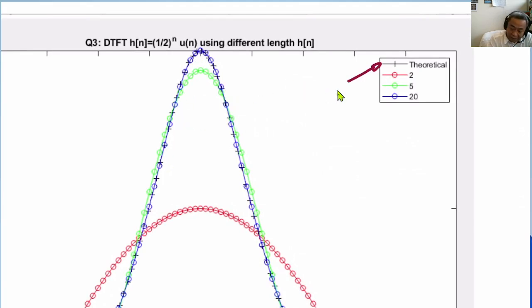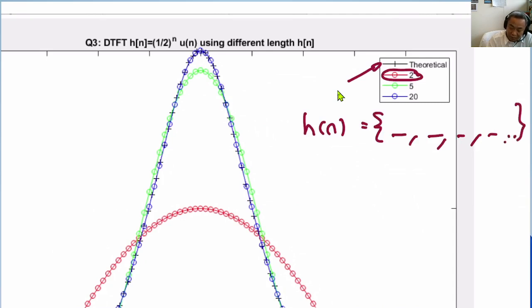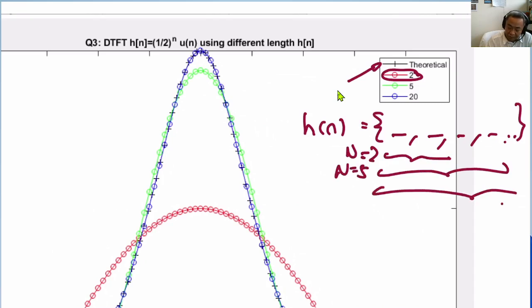I can use a length of 2 for h of n. Although it is an infinite sequence, I can choose 2 values, or I can choose 5 values, n equals 5, and I can choose n equals 20. So basically I generate a sequence and I take the Fourier transform of this sequence.